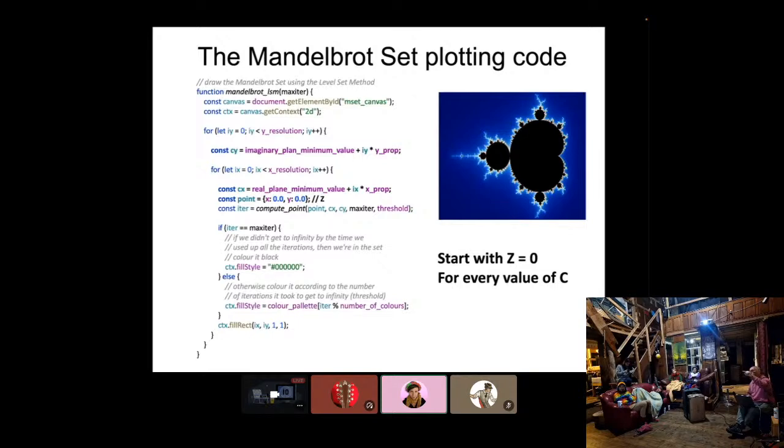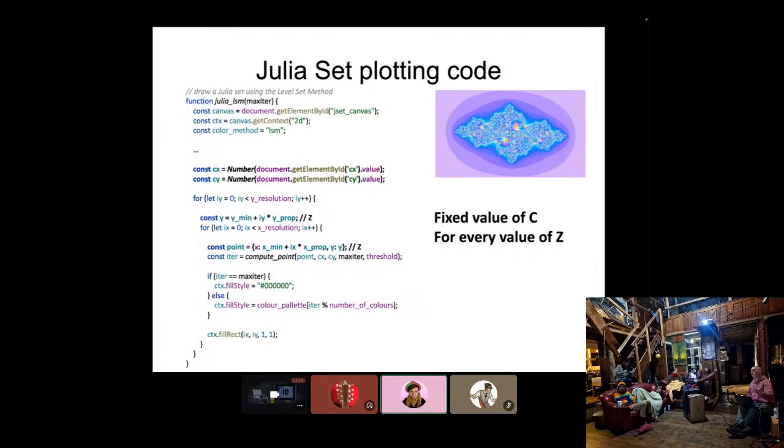Each point on there, each value of C, has its own associated Julia set. So we can do a very similar equation, but we fix the value of C rather than calculating it for everyone, and then we take those fixed values of C and do the equation for every value of Z. So it's a slight change on it, and that gets us these different patterns.